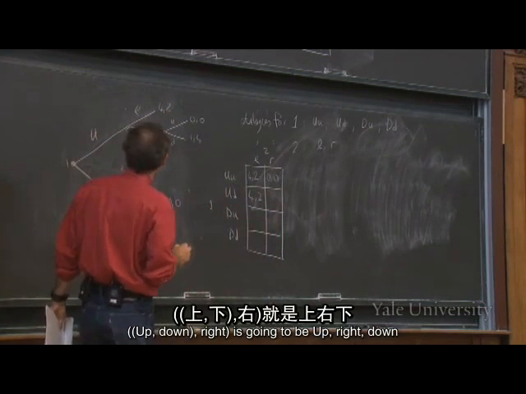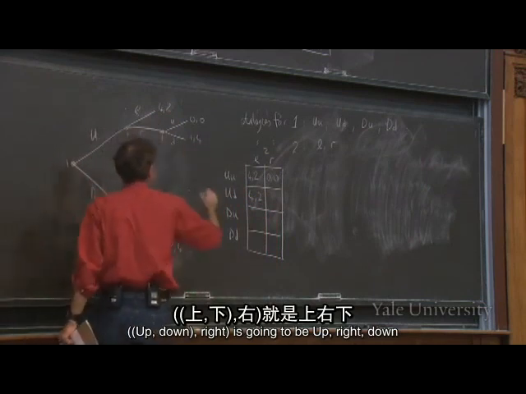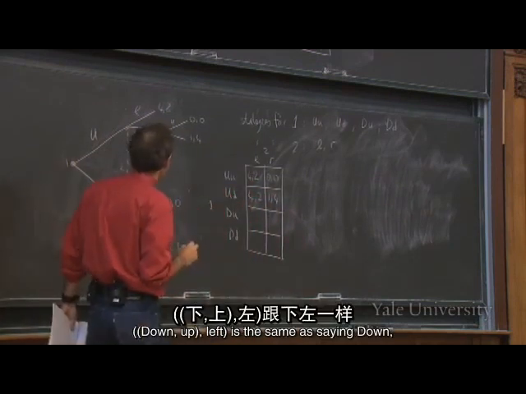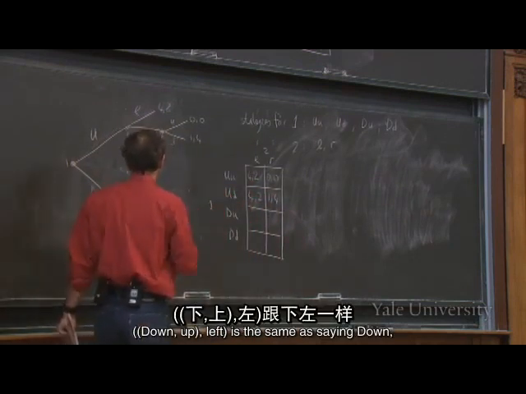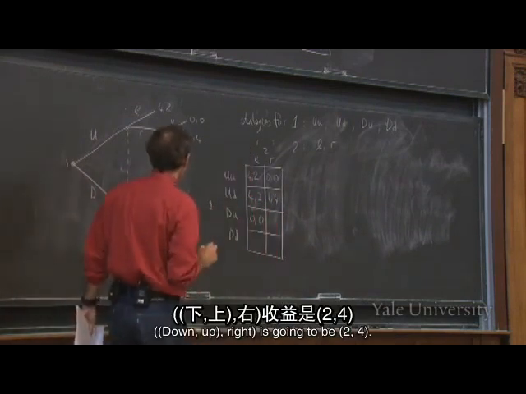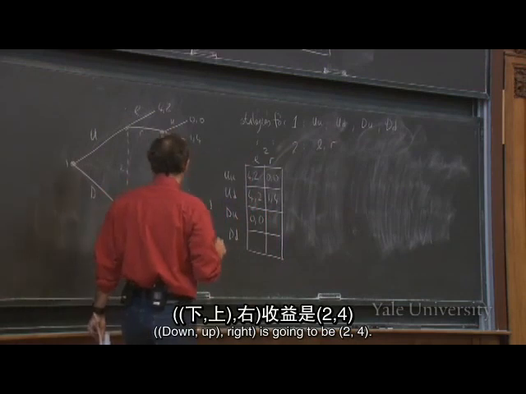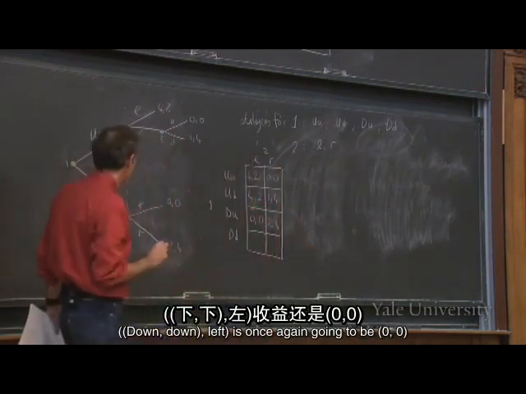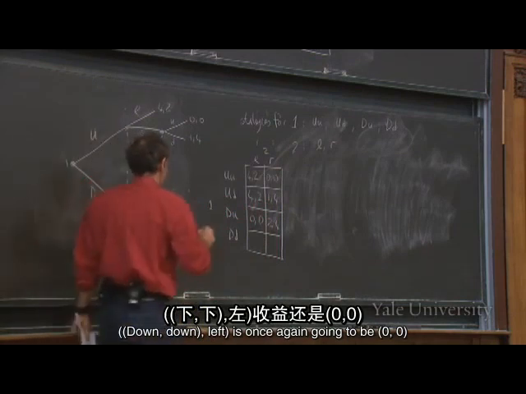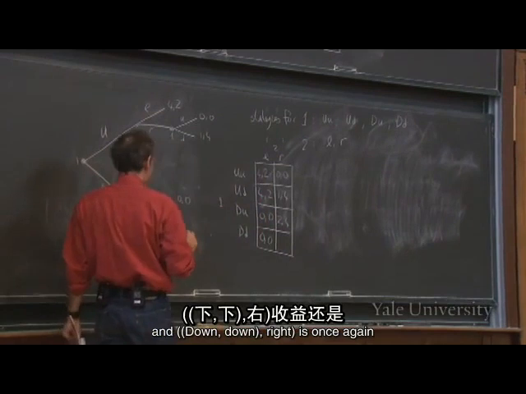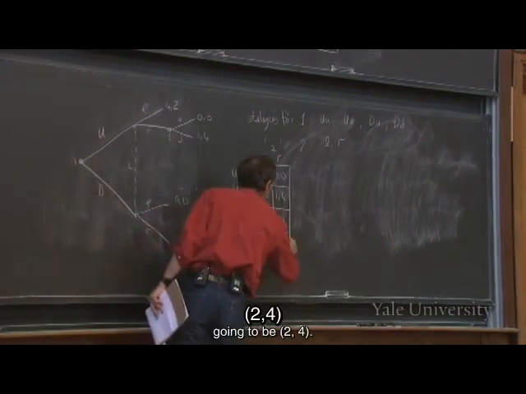Up-down, right is going to be up, right, down, so it's going to be 1, 4. Down-up, left is the same as saying down, left, so it's going to be 0, 0. All right, down-up, right is going to be 2, 4. Down-down, left is once again going to be 0, 0. And down-down, right is once again going to be 2, 4.